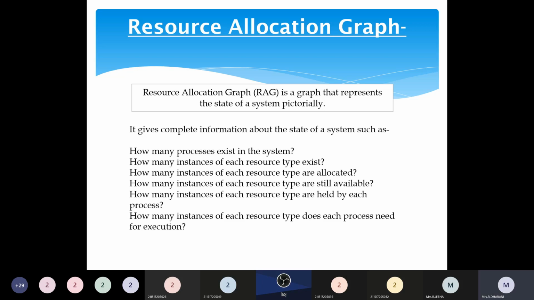Visually you can see how many processes exist, how many instances of each resource type exist, how many instances of each resource type are allocated, how many instances of each resource type are still available, how many instances of each resource type are held by each process, and how many instances of each resource type each process needs for execution.